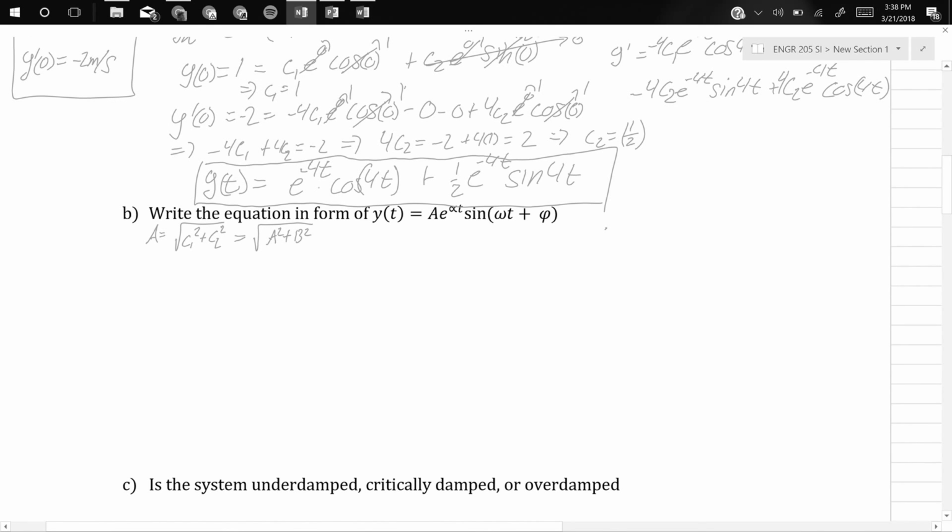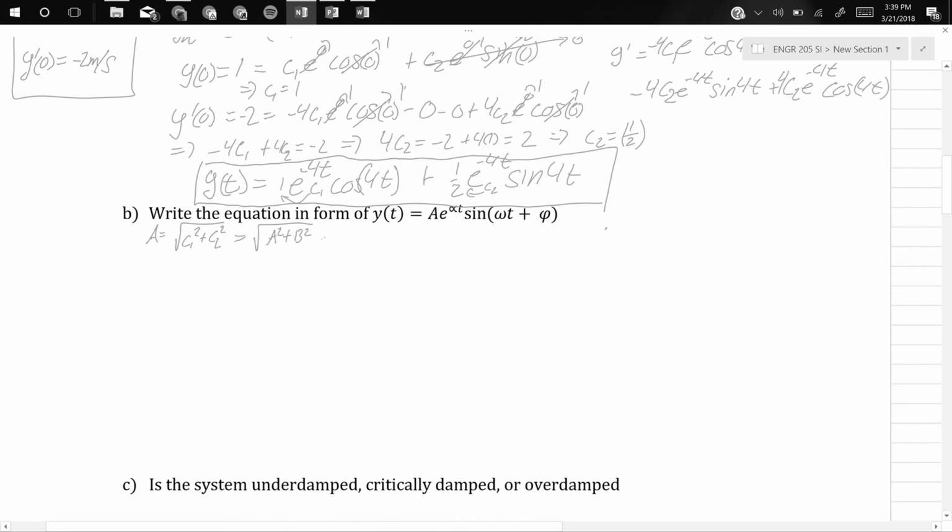So whatever is in front here, C1 in this case is 1, C2 in this case is 1/2. Whatever's out in front of your cosine and sine is what you square to get your form. It does not include your e to the alpha t.